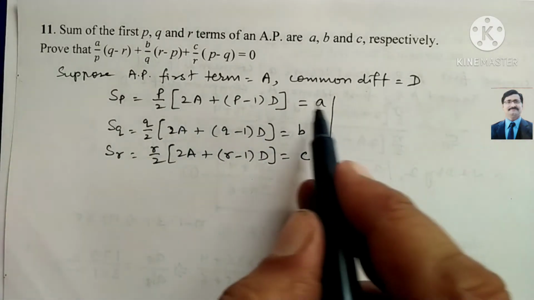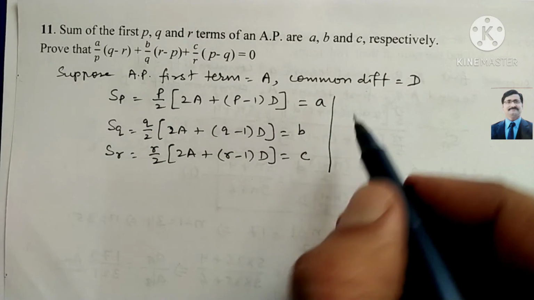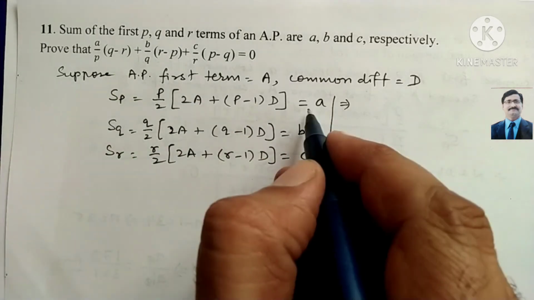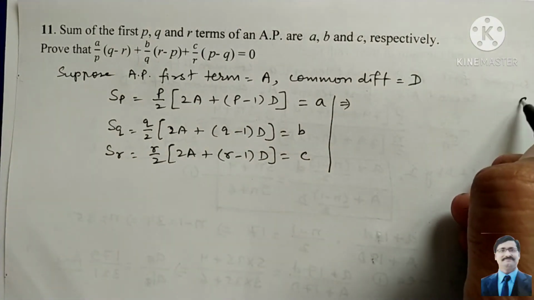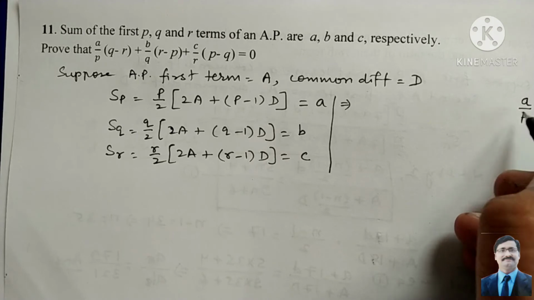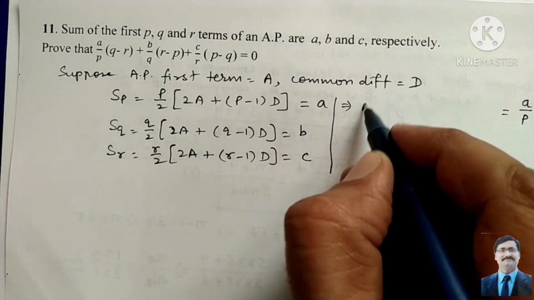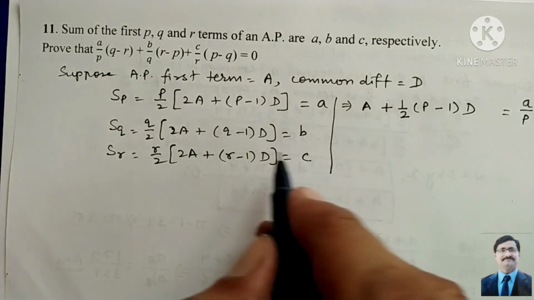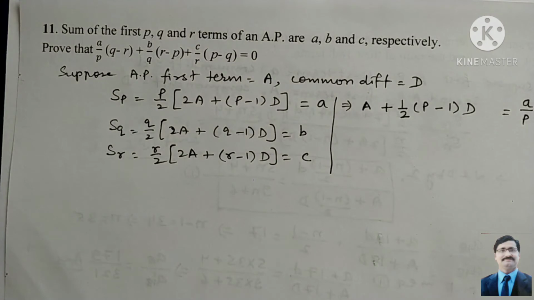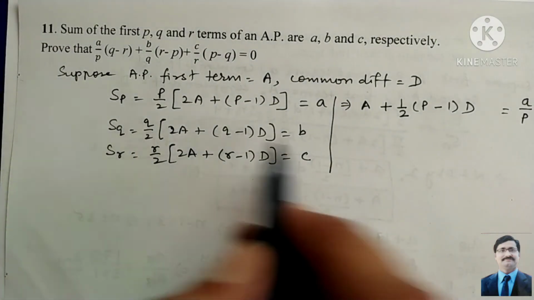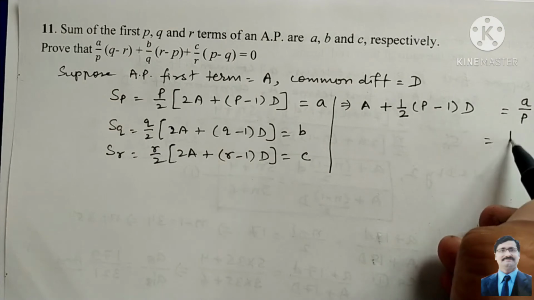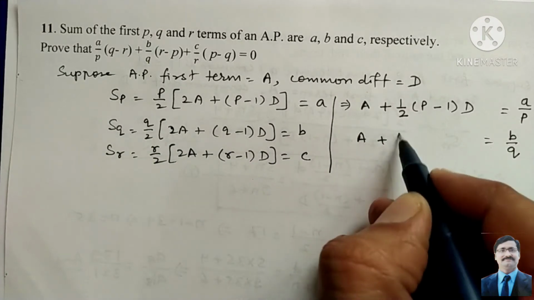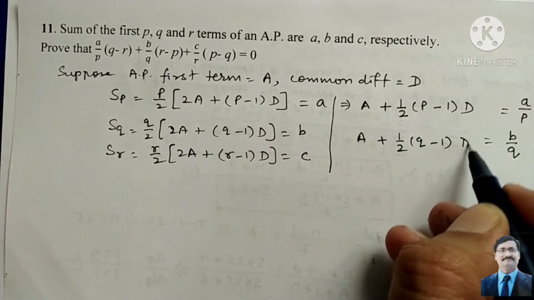Look here, we can divide by p and open the bracket. We transfer p to the right hand side, we get a/p, and opening the bracket, we get capital A plus 1/2 (p minus 1)D. Similarly, in the second, we transfer this q, we get b/q, and opening the bracket we get A plus 1/2 (q minus 1)D.